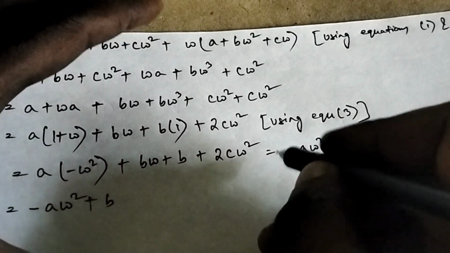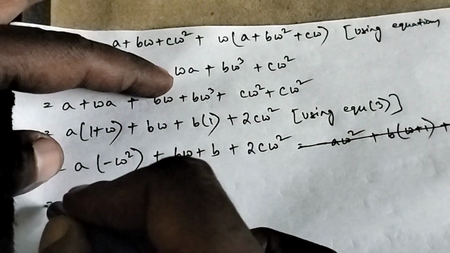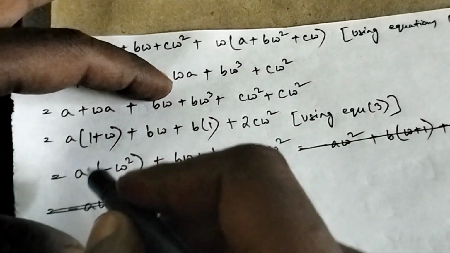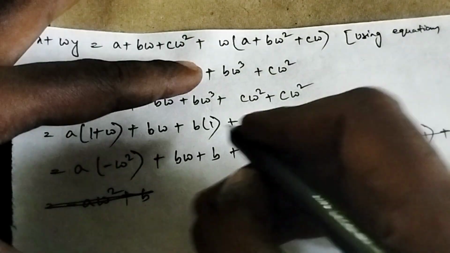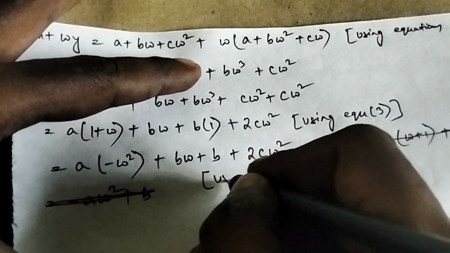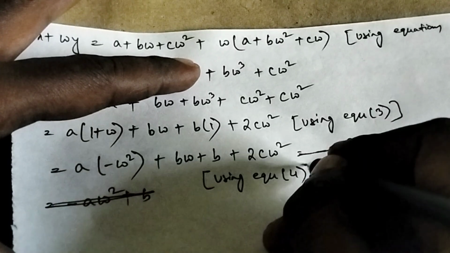No need to write this step over here. Since you have written 1 plus omega is equal to minus omega square, you have to write this using equation 4.